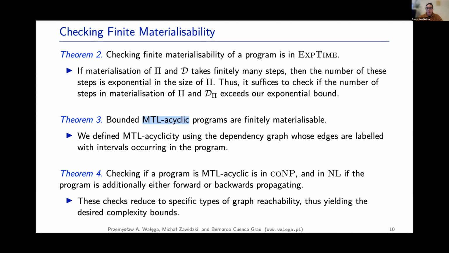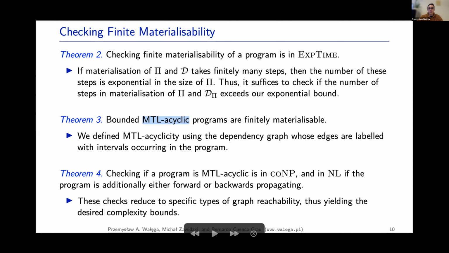And then we say that a program is MTL acyclic if it does not have a cycle on which the intervals do not sum to 0. So this is a much weaker notion than acyclicity, but we show that this is sufficient for a program to be finitely materializable.